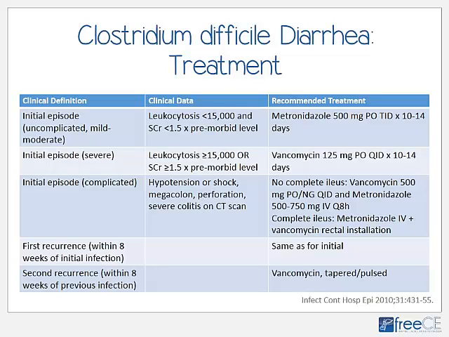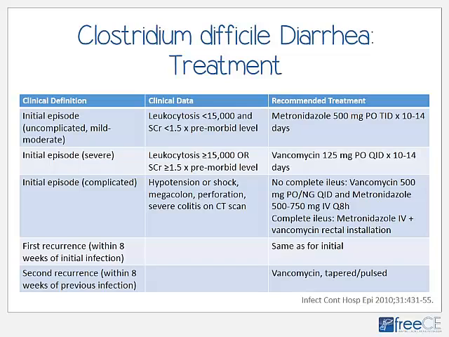So when I've had end-stage renal disease patients come in and have Clostridium difficile, my recommendation is to use vancomycin, because they seem to have just a more difficult treatment course. They seem to have more morbidity and mortality associated with the development of Clostridium difficile diarrhea. So that's what I've taken away from the literature in terms of how the patients with end-stage renal disease respond to infection with Clostridium difficile.